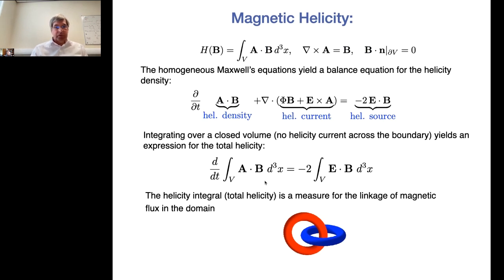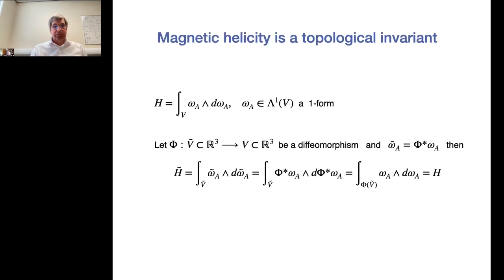Another way of seeing the same thing is to write the helicity as an integral over differential forms. Here omega A is the one-form associated with the vector potential.